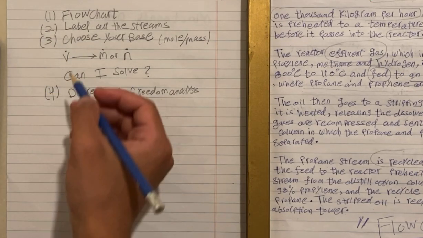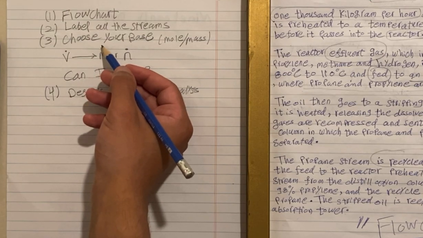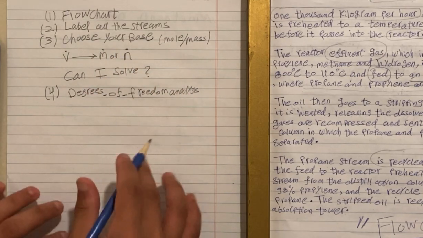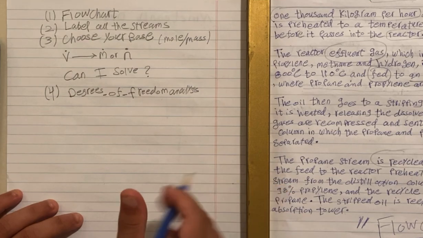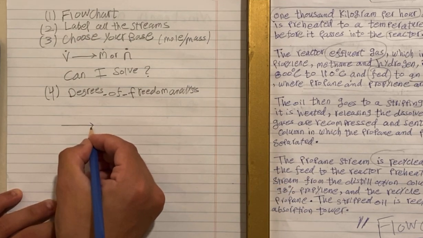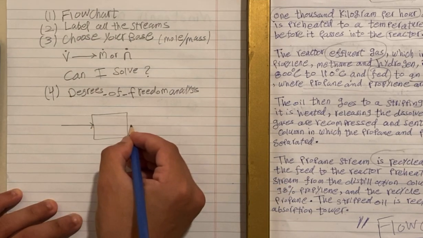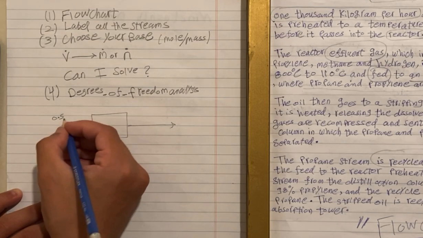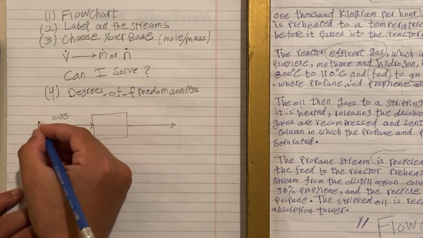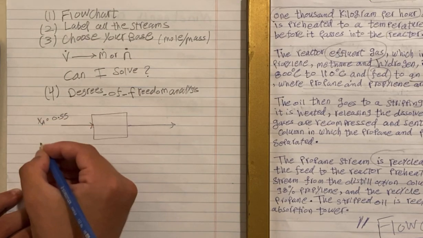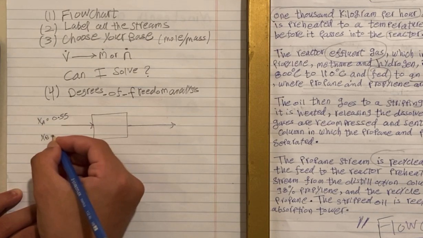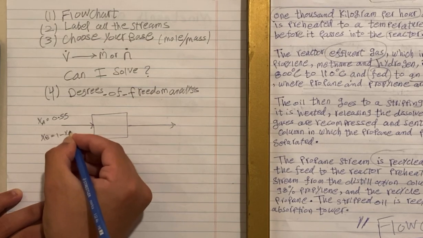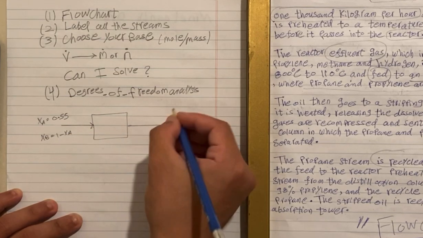And usually when you select a certain base, then it has to be with the stream that contains the composition. For example, if you have a certain process, and then here you have 0.55, maybe XA equal to 0.55, XB equal to 1 minus XA, for example, and then here you don't have anything.